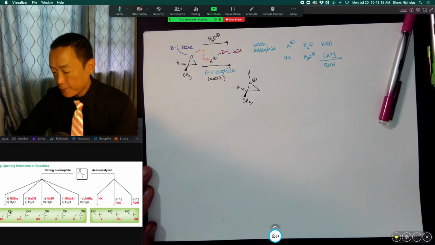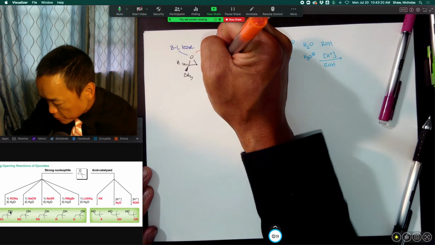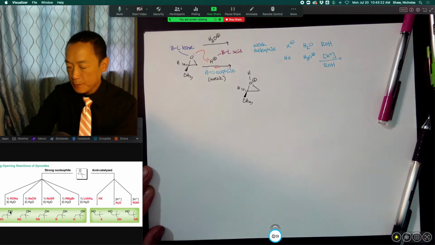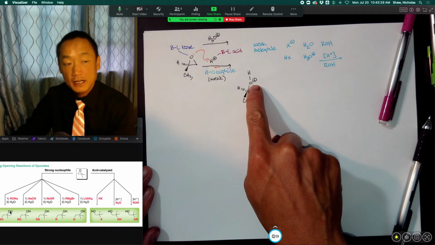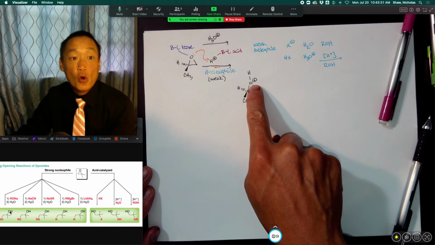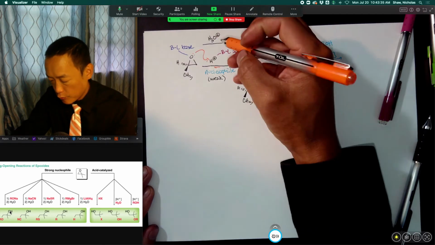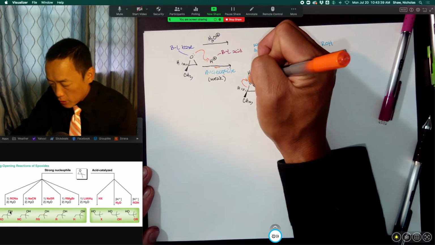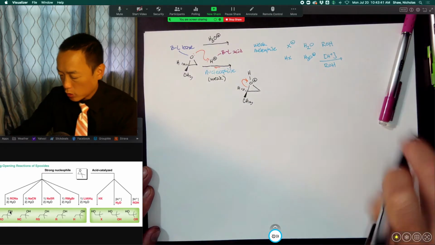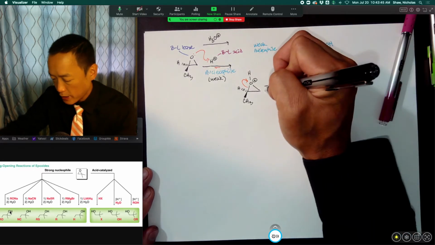The next step of this reaction, so we had a Bronsted-Lowry acid-base reaction, so it should be reversible. The next step is the idea of what happens when you have a species that is protonated that needs to react. It doesn't want to adopt this plus charge. So what it wants to do is get this plus charge to a more stable carbon rather than on an oxygen. And so you have a ring opening.